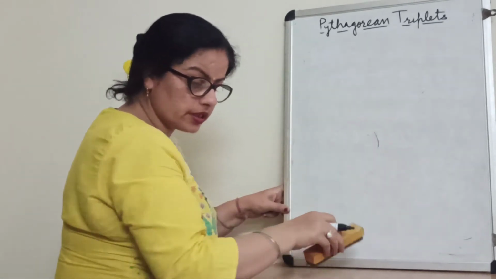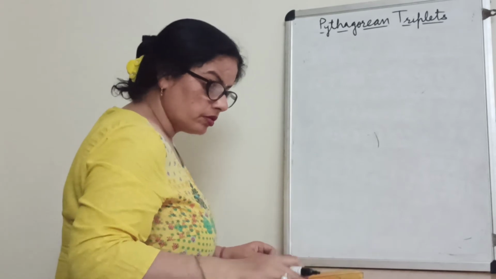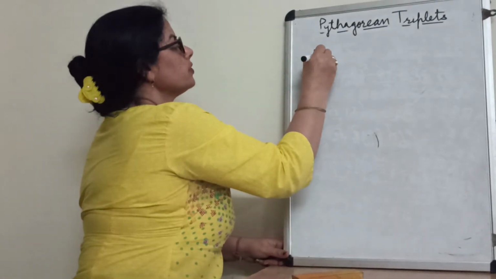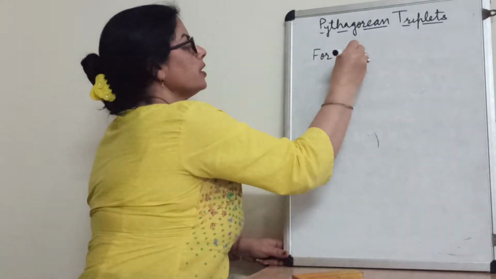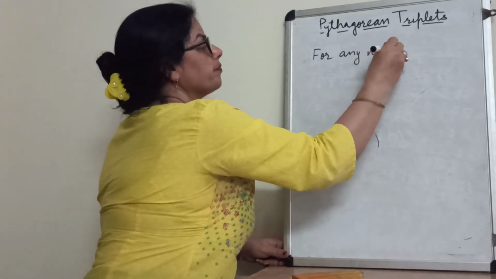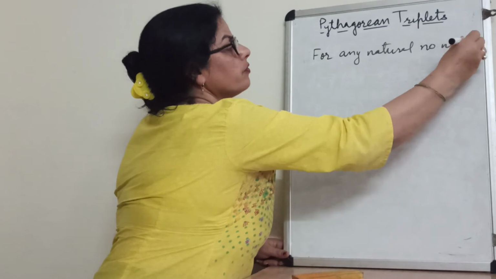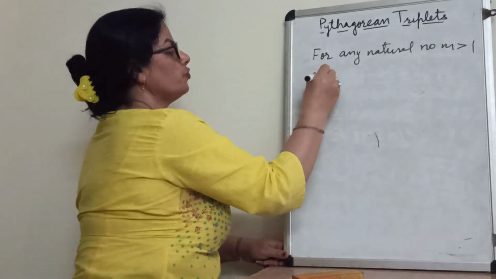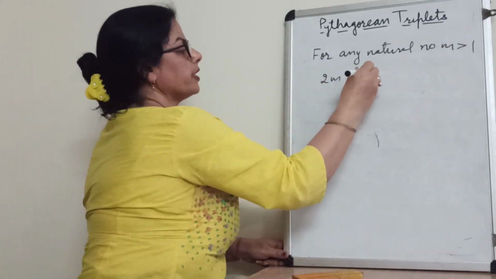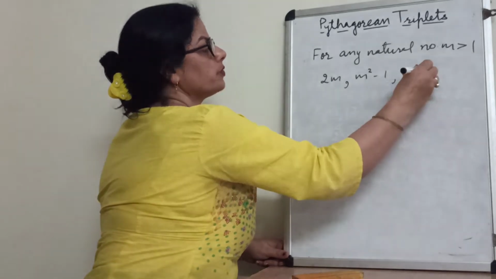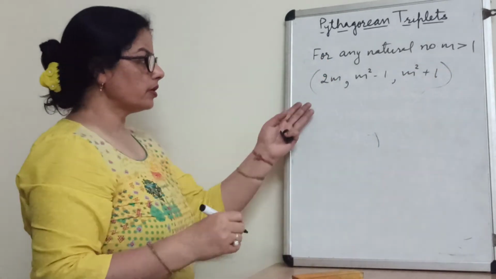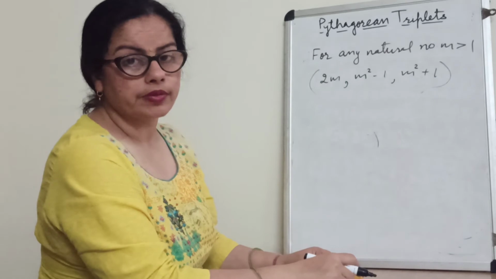Now let us consider one sum. For this there is also a formula. For any natural number m which is greater than 1, 2m, m square minus 1, m square plus 1 will be a Pythagorean triplet.